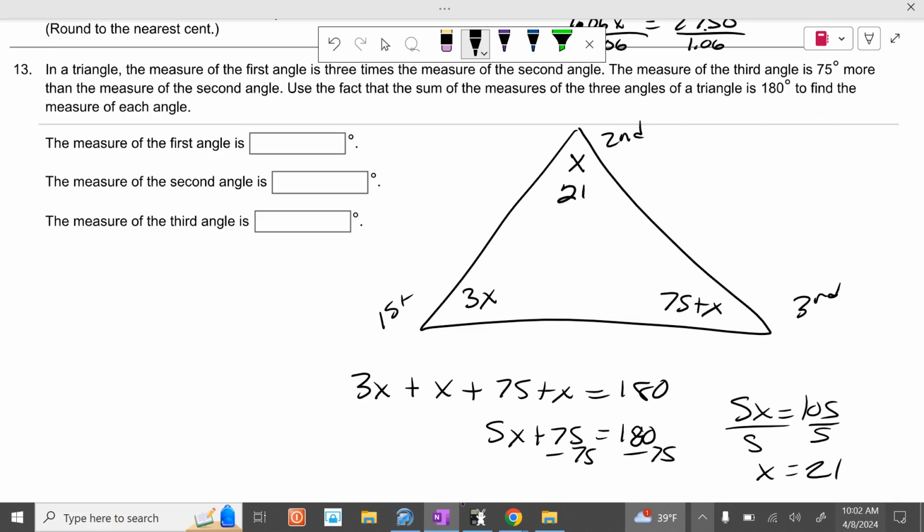So the second angle is 21. The first angle is 3 times 21, or 63. The third angle is 21 plus 75, which is 96. If we add all these up, they'll add up to 180. So 63, 21, and 96. Okay? That's your quiz.